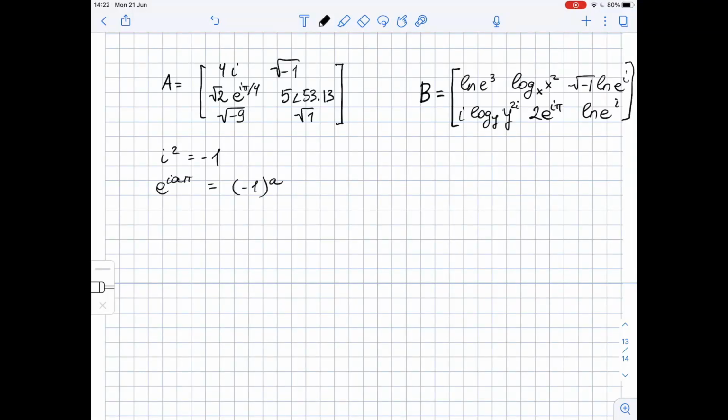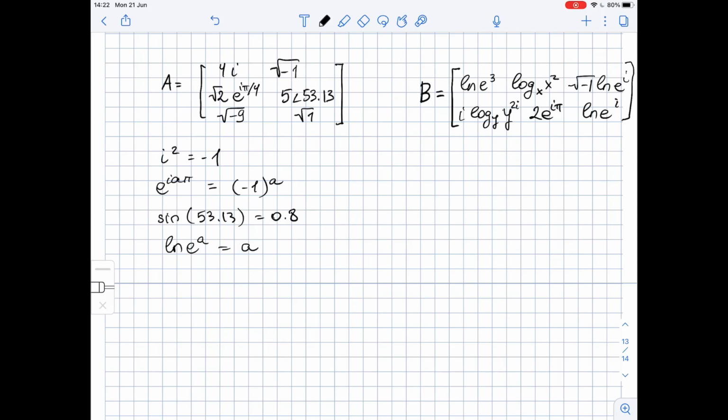We know that in a right angle triangle, sine of 53.13 degrees equals 0.8. We also know, for logarithmic formulas, that logarithm of e to the power of a equals a.